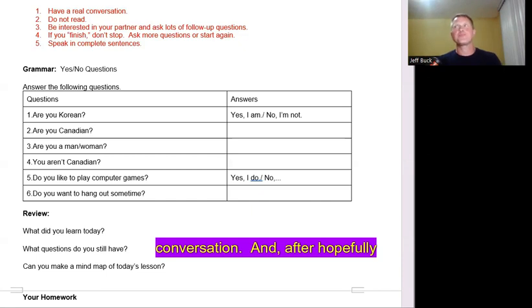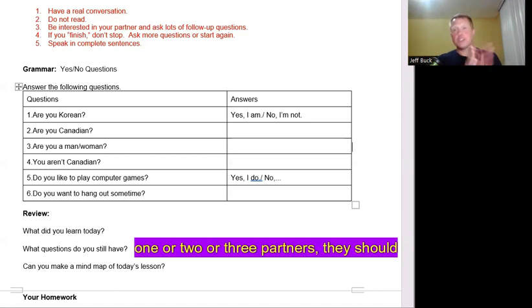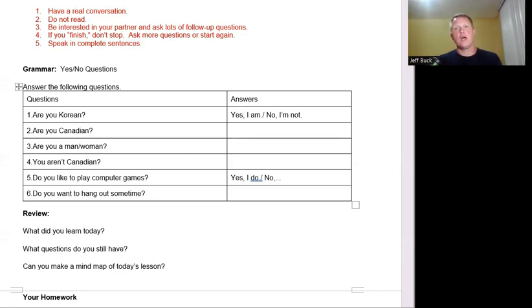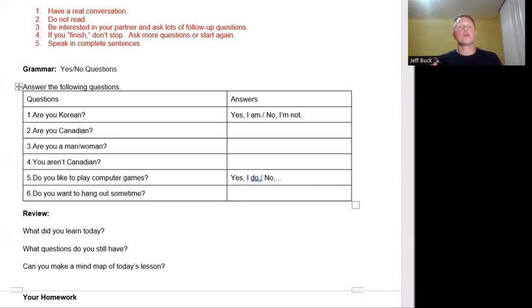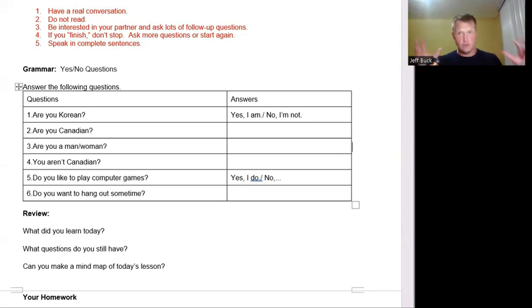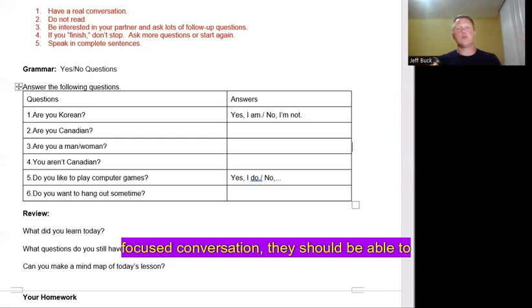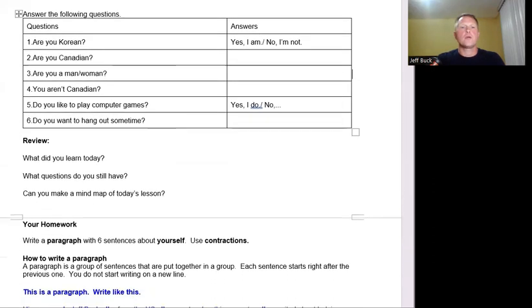And after, hopefully, 1 or 2 or 3 partners, they should not be reading. So if you have an hour or an hour and a half lesson and you have a good 20, 30 minutes of focused conversation, they should be able to work with 3 to 6 partners. Okay.